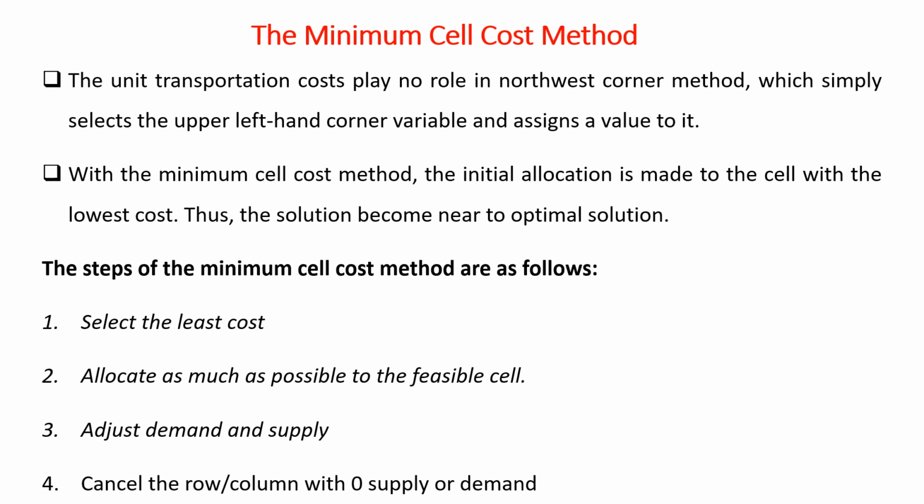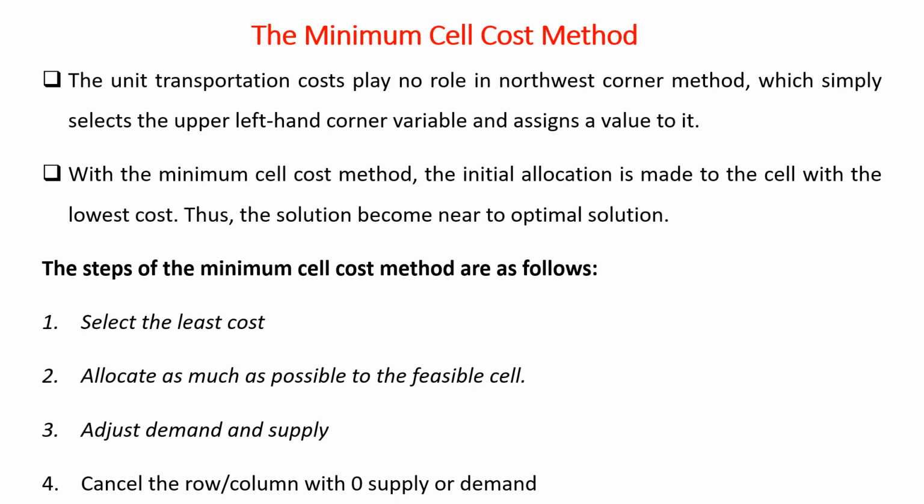Let's see the steps. The steps of the minimum cell cost method are as follows. The first one is select the least cost among the per unit cost table, the second step is allocate as much as possible to the feasible cell, third, adjust demand and supply, and the fourth is cancel the row or the column with zero supply or demand.